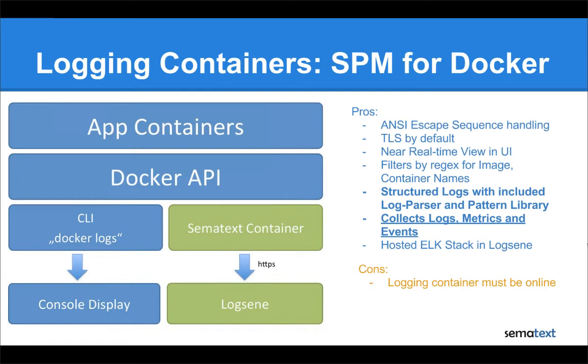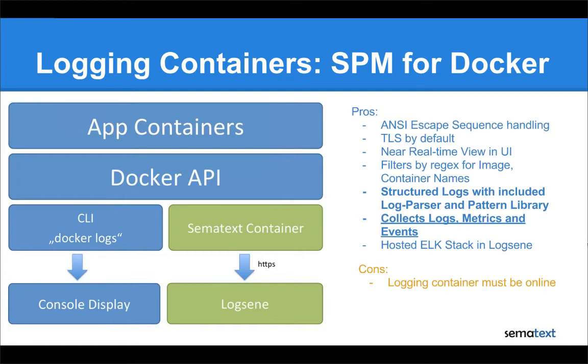We have also filters to filter for specific images, like when you start our container, you can specify, I want to see all logs from images that have HTTPD in the name, or Nginx or MySQL, and you can exclude other services, like if you use an Ubuntu toolbox, you can then exclude, for example, the Ubuntu image.